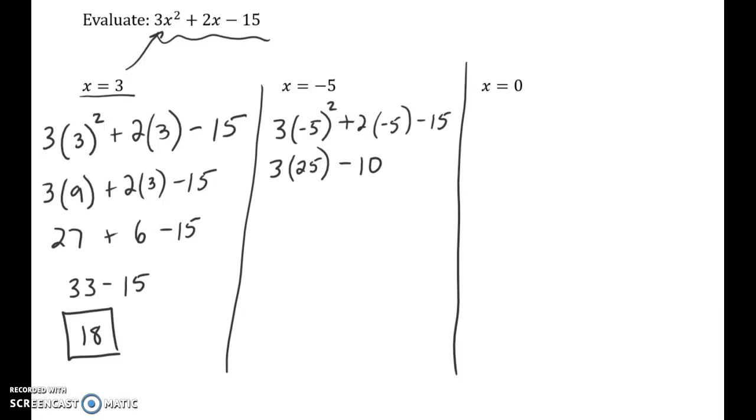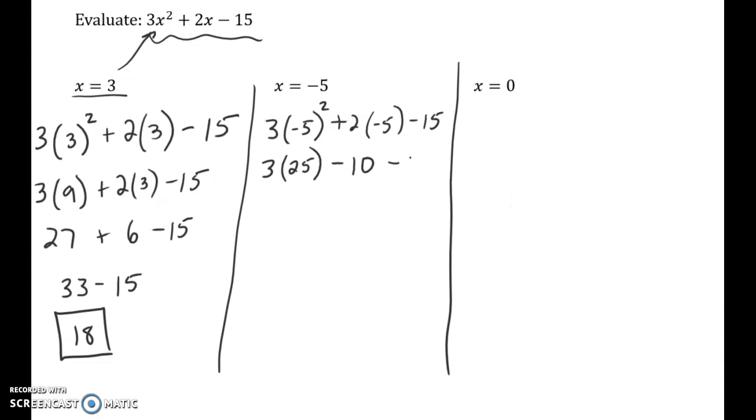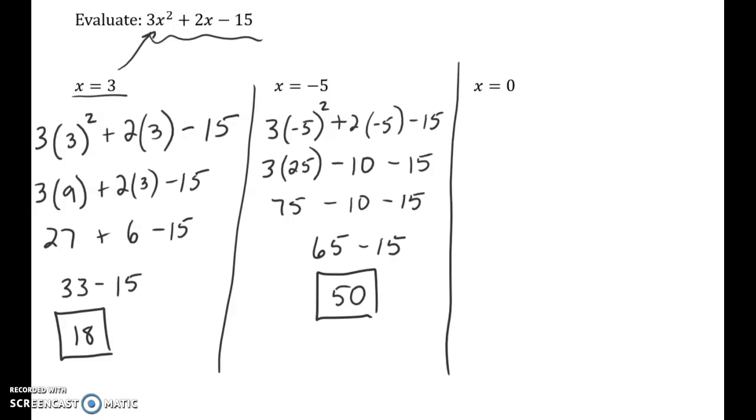Now you could write plus a negative 10, but I'm not going to. I'll just put minus 10, minus 15. So now the multiplication, you get 75 minus 10 minus 15, and that's going to be 50. So that's that one.